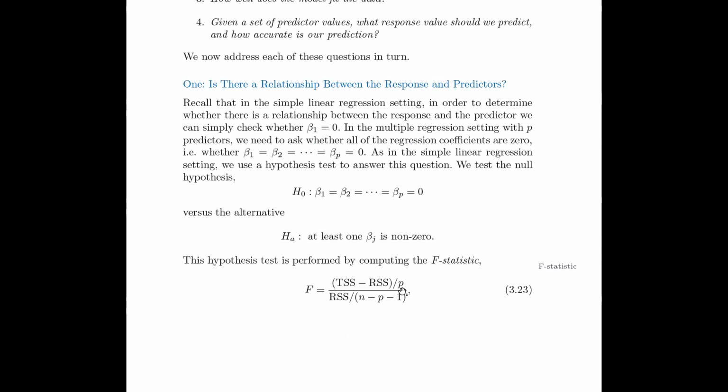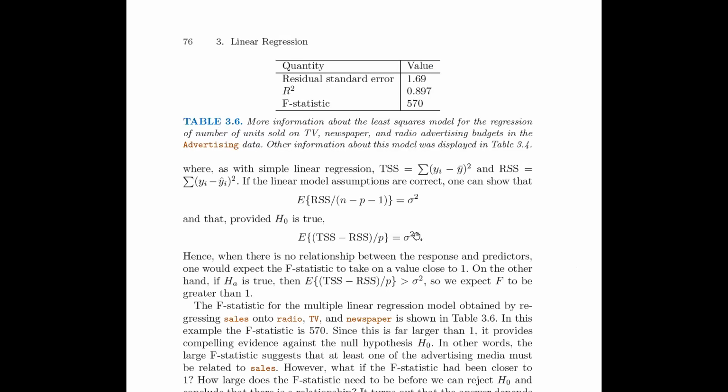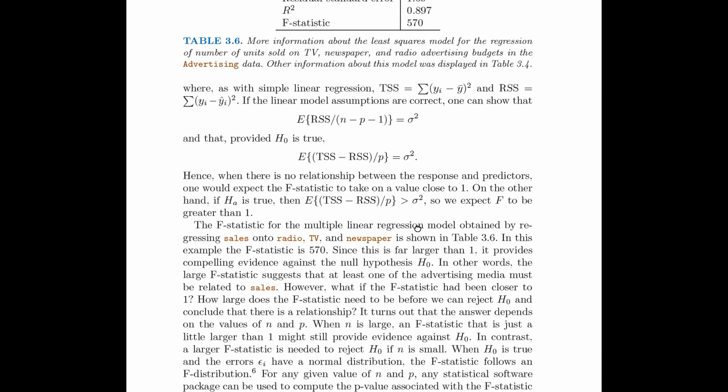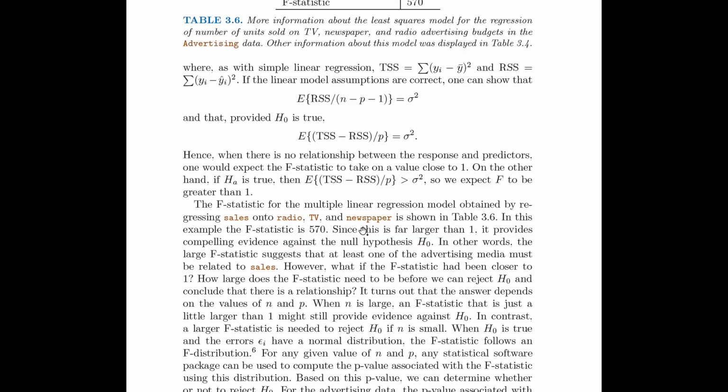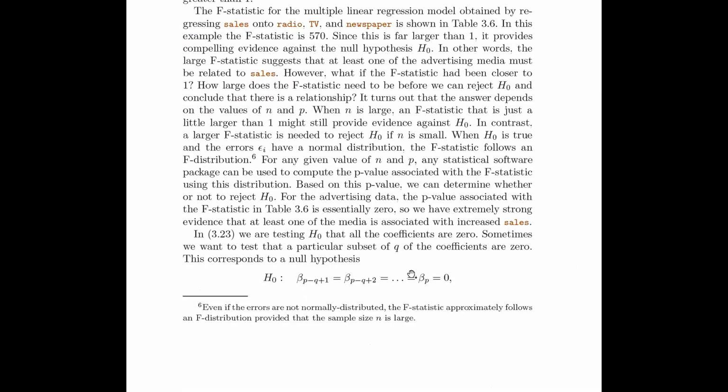The higher it is, the more likely we are to reject the null hypothesis and conclude that yes, there is at least one predictor variable that influences the values of the response variable. Variable, singular. We're only modeling one output variable. Okay.